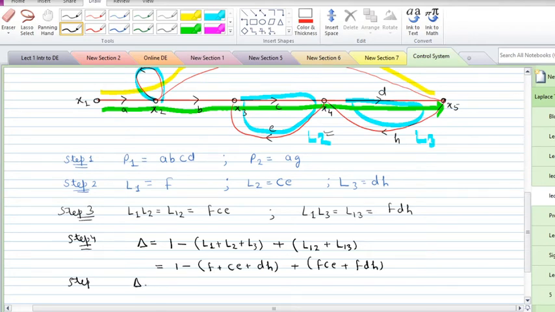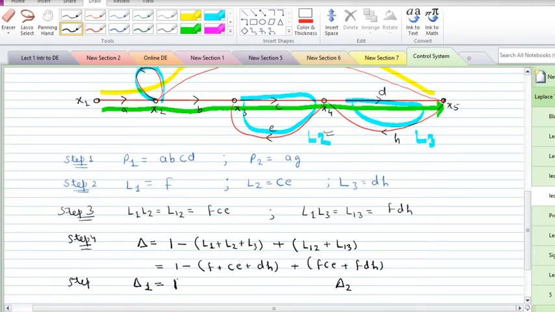Now the next step, you have to find the path factor, for path 1 and path 2. To calculate the path factor, you have to subtract the portion of the loops which is non-touching to the forward path.